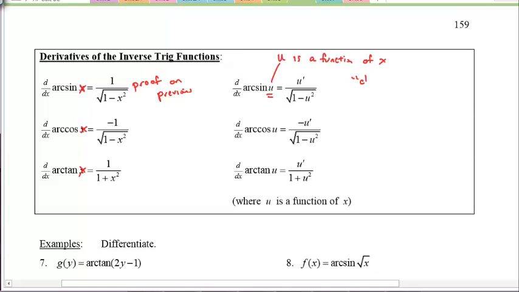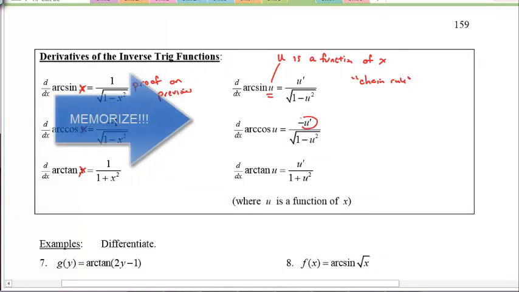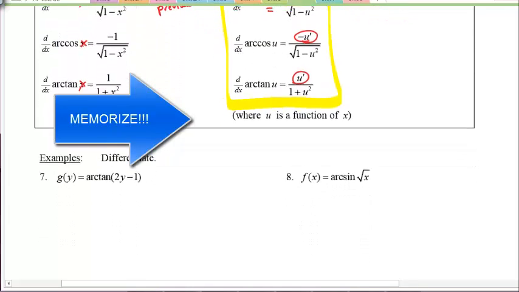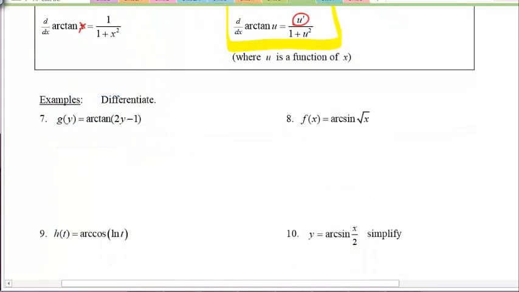It's really just chain rule. Same thing here, instead of negative 1, it's now negative u prime. And then for arctangent, once again, there's a u prime on top. Okay? So I guess if you're memorizing, memorize this one, because this actually works for all, including where x is equal to u.